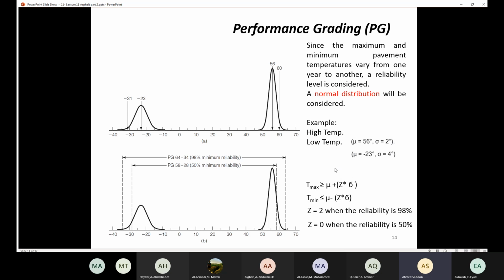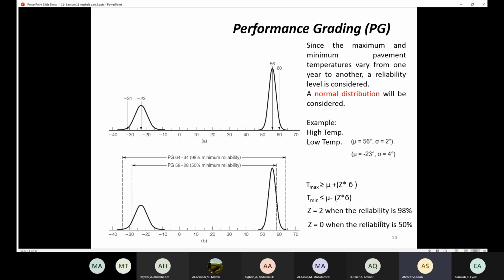We know that the Z depends on the probability or the reliability here. We have a certain table in statistical methods. We have a certain table for Z. If you know the probability or the reliability here, you're going to be able to know the value of Z. And if the value of the reliability is 98%, then the value of Z is going to be 2.